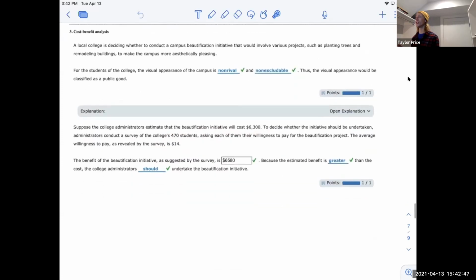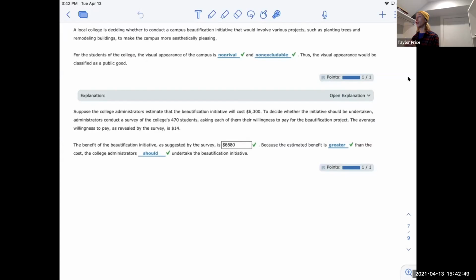All you need to do to determine if they should undertake the beautification is do 470 times 14, which gives you 6,580. Because the benefit is greater than the cost, the college is going to undertake that beautification initiative.